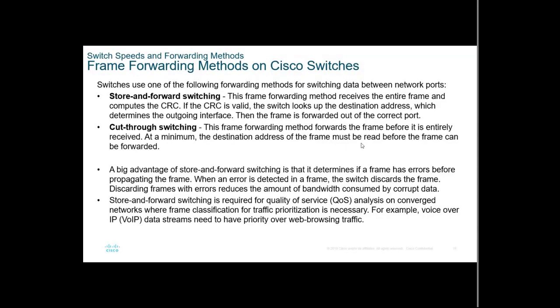We'll push it back. That's for the cattle class on the plane. So store and forward is required for quality of service analysis on converged networks, where frame classification for traffic prioritization is necessary. For example, voice over IP data streams need to have priority over web browsing.